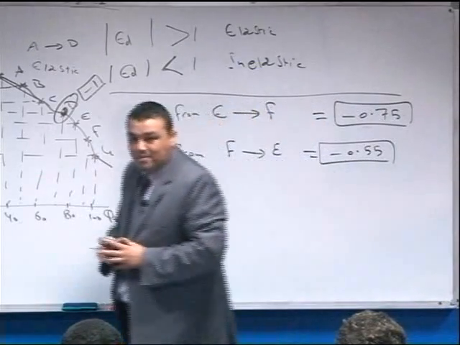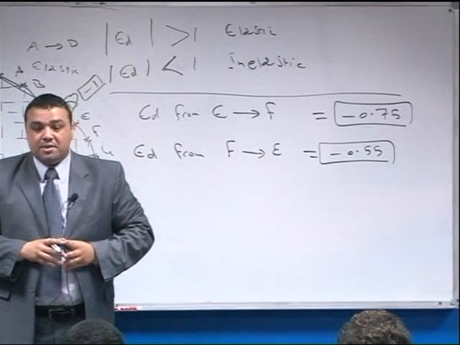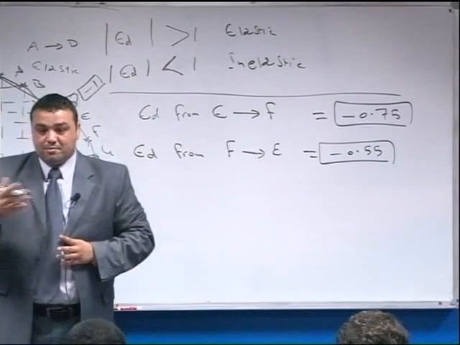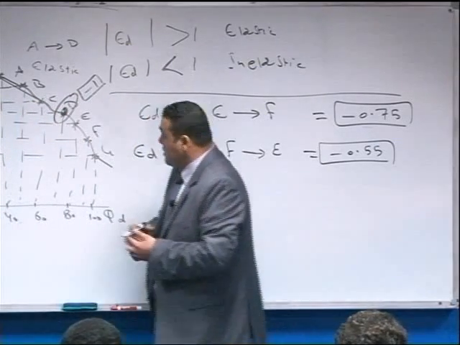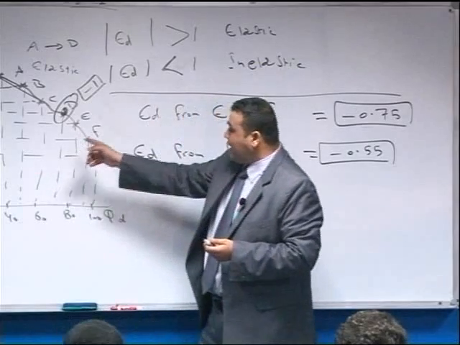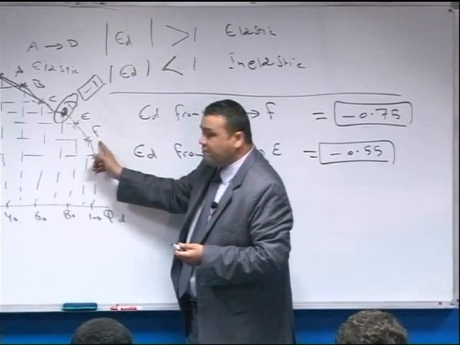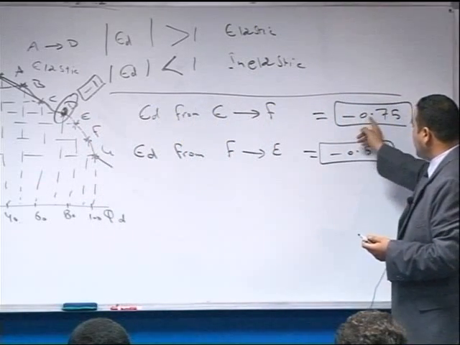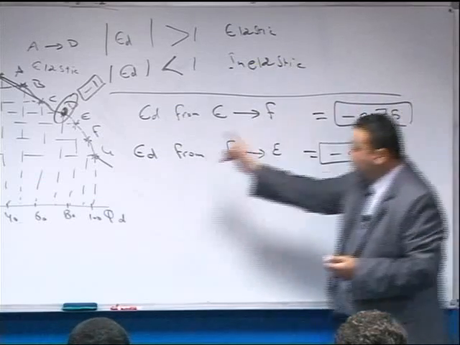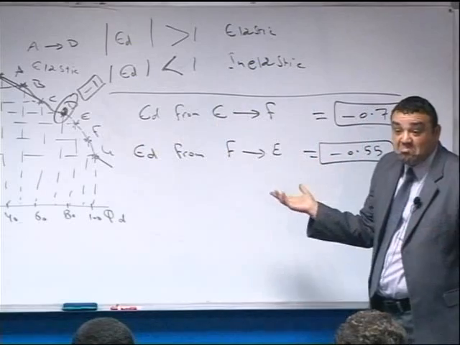To solve this problem, the economists developed the midpoint formula, another formula in order to solve this problem. Because, as you know, we calculated the price elasticity of demand from A to F, the result was minus 0.75, and from F to E minus 0.55.